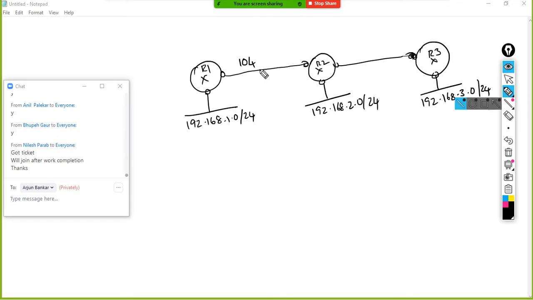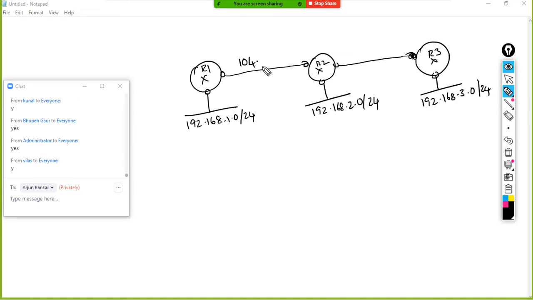You guys are okay with these IP addresses. Don't get confused. I'm just going to give you any IP addresses, and you can configure them. That's not a problem. You can give 104.1.12.0/24 here, and then 104.1.23.0/24. Is it clear, everybody?